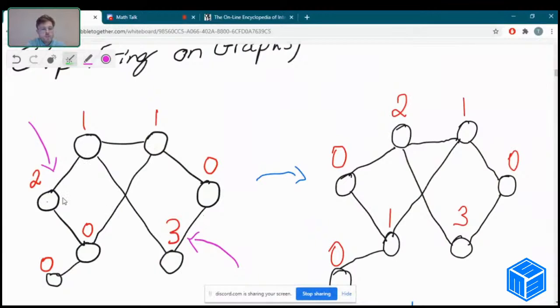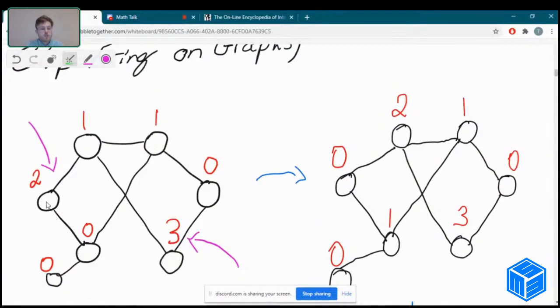So if you look around, you'll see in this first example, there are 2 vertices that have at least as many chips as they have neighbors. This vertex here has 2 chips and 2 neighbors, and this vertex has 3 chips and only 2 neighbors. And what you do is you choose any one of these vertices to fire. And what firing means is to send one of its chips along each of its edges.